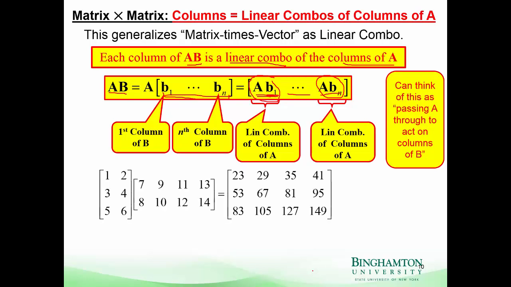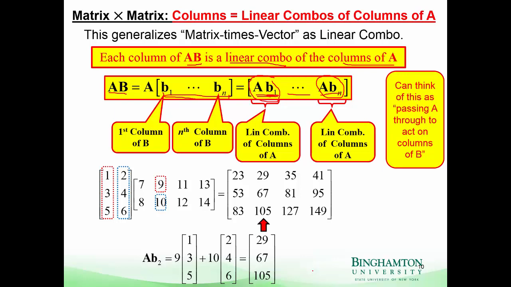So here's an example, and I'm just showing you the result for this second column here, and showing that what we can do is take this matrix and multiply by this. That gets us this kind of result, A times this column.